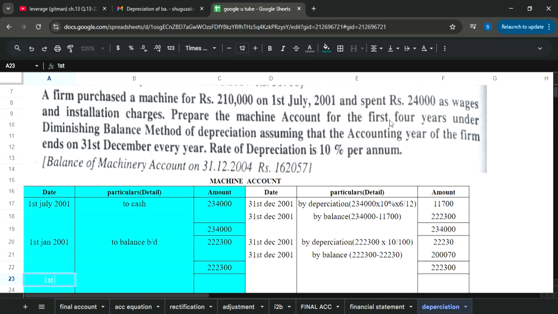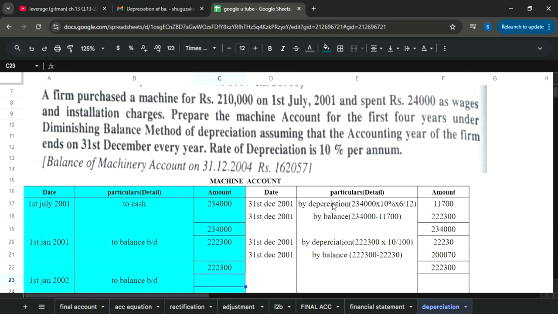So 1st January 2002. And here you will write to balance brought down in a similar way. But how much amount will you write? Please note it down.